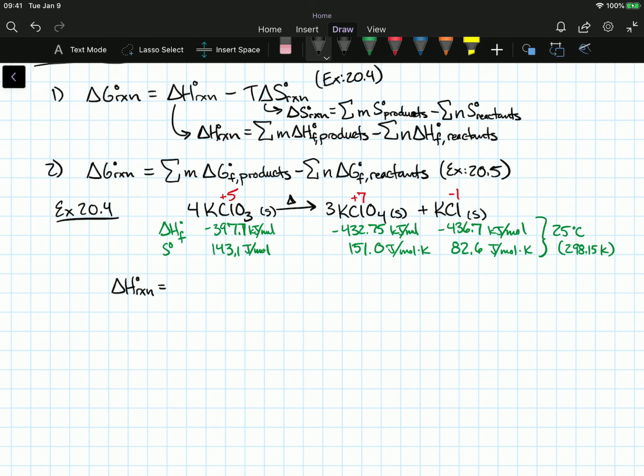So this becomes the sum, as we've shown below. I'm not going to rewrite that because it takes up a little too much time. So it's just the sum of the products minus reactants for the standard enthalpy.